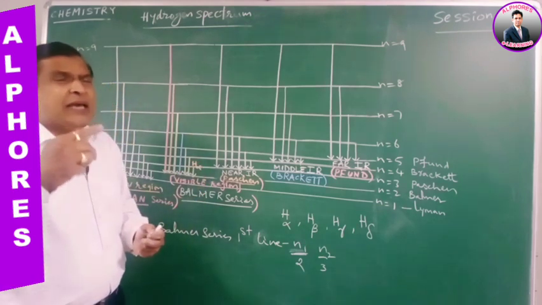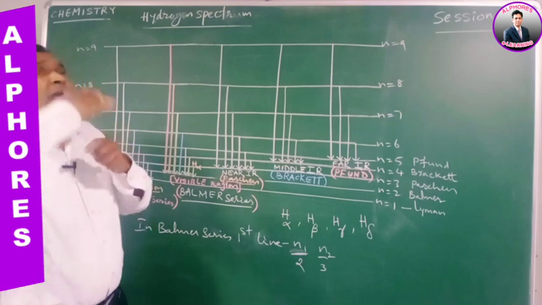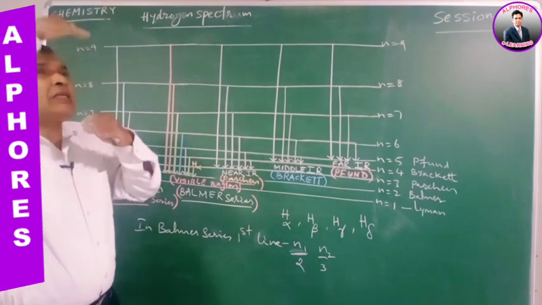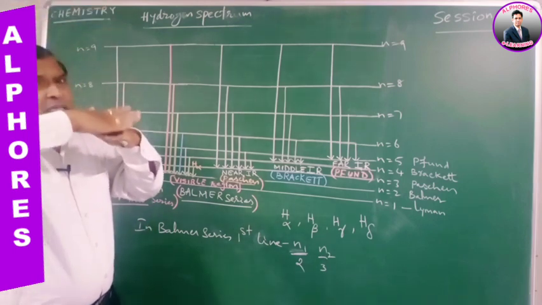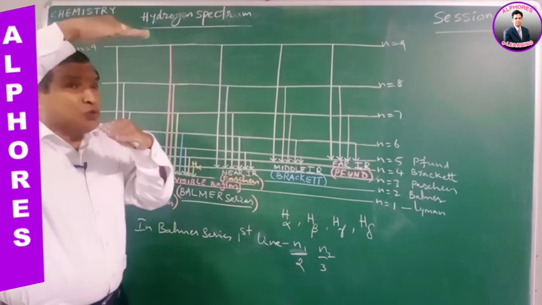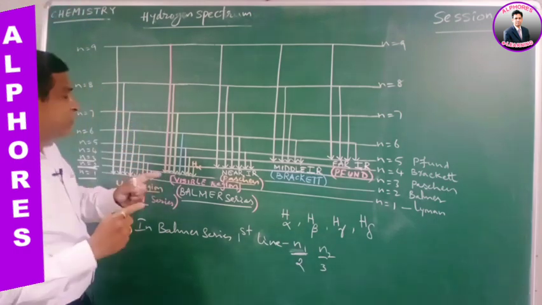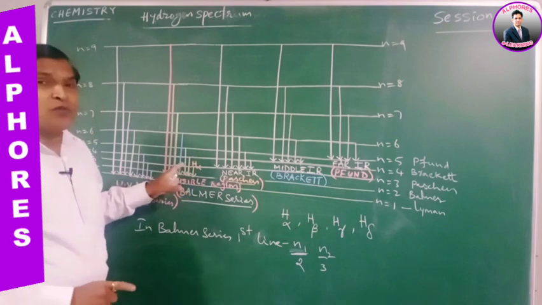The very first line in the series is the electron coming from the next excited level to the ground state. The point should be clearly understood because it is very, very important.